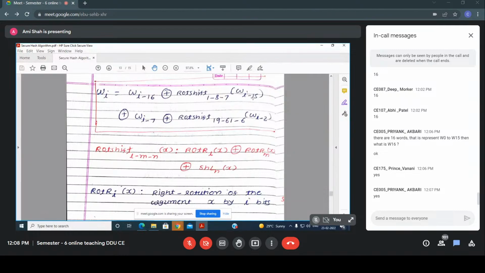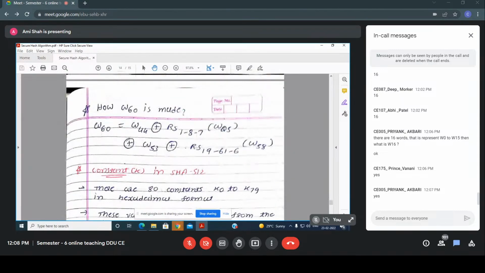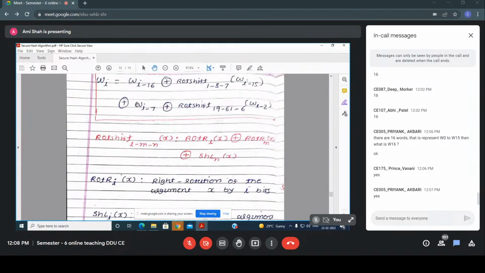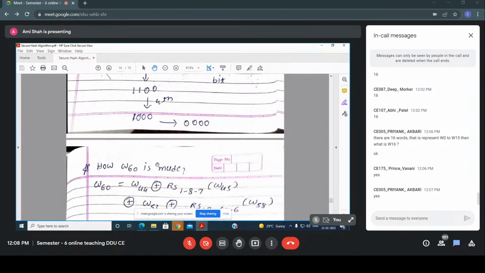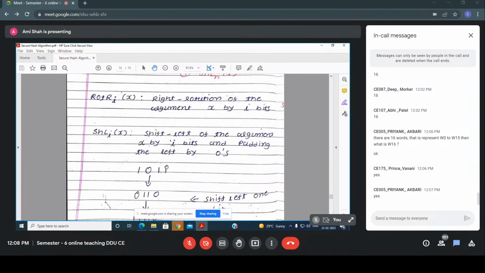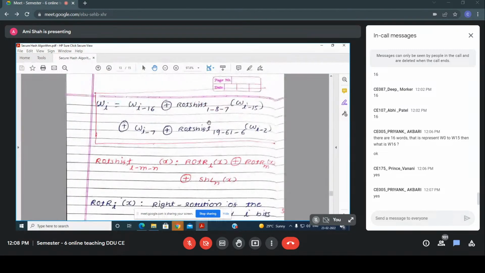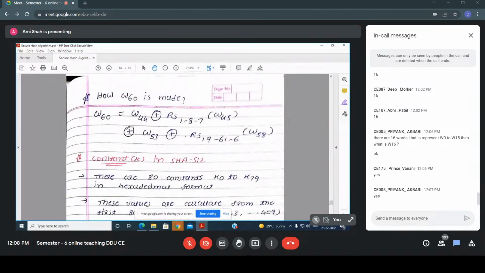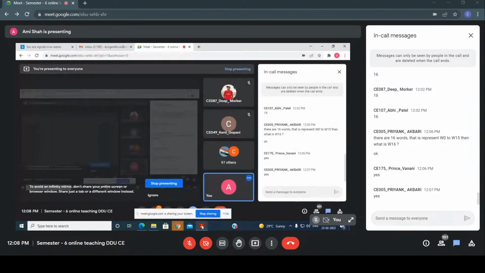That is 60 minus 15, that is 45. XOR, then W60 minus 7, that is 53. XOR rotate shift 19, 61 6, and 60 minus 2, that is W58. Right. So is it fine everyone? Is it clear to you all?